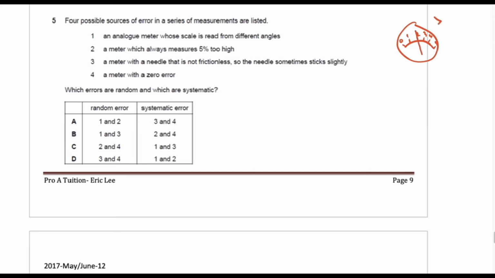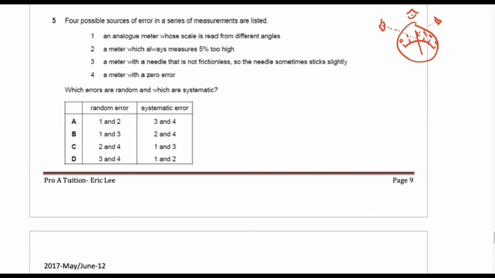If you look at it from the right, you may read maybe 1.9. You look at it from the left, you may read it as 2.1. If you look at it from the middle, you may read it as 2.0.